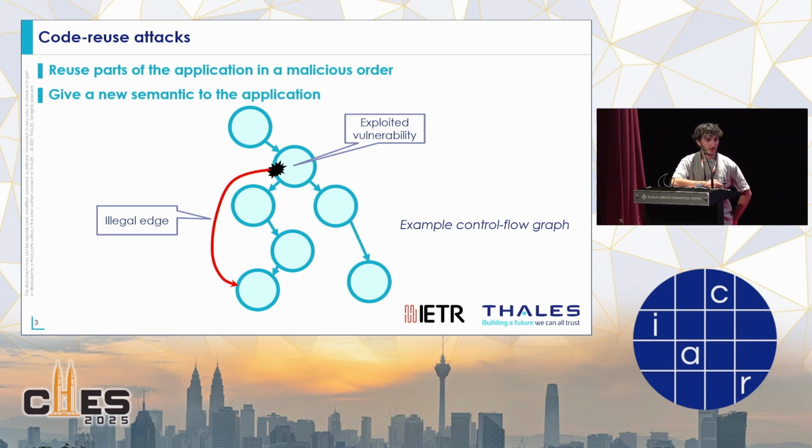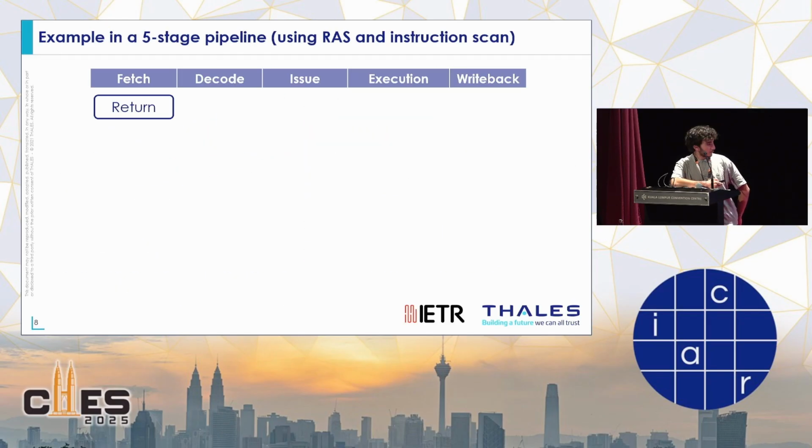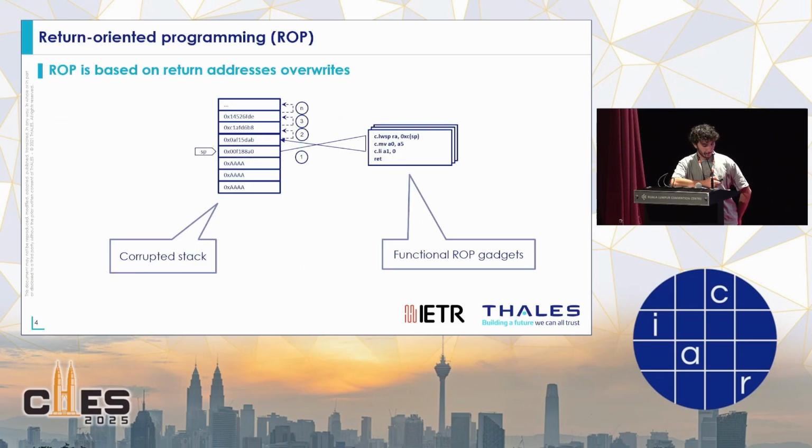So I first mentioned return-oriented programming, so ROP, and specifically ROP is based on return address overwrites, so exploits of the return address that is stored on the stack. So here on the left, you would have a corrupted stack with the addresses of the gadgets.